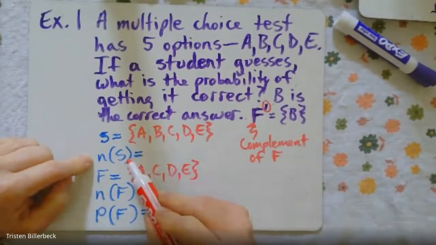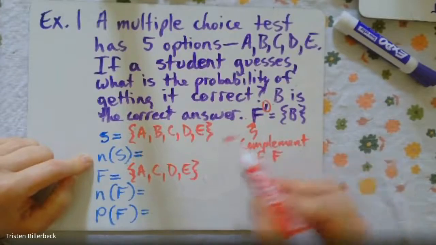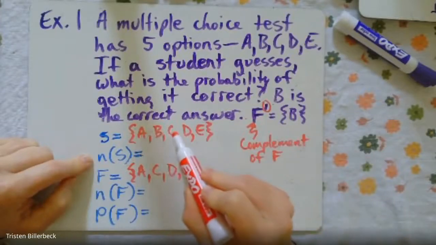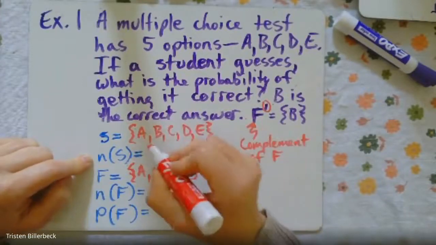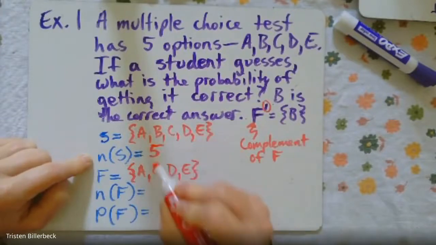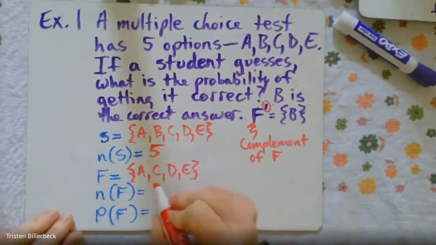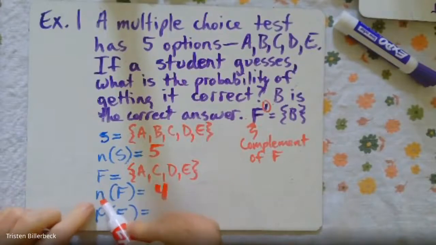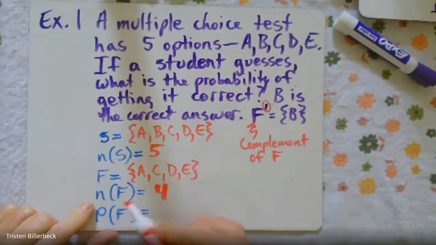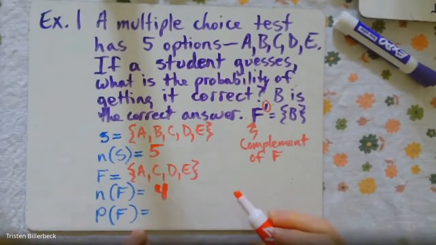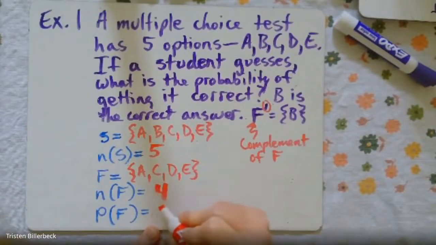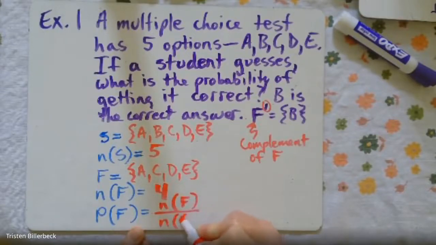So let's count the number of outcomes in the original sample space. 1, 2, 3, 4, 5. And 1, 2, 3, 4 in the number of outcomes of, I'm sorry to say, failure, F. So the probability of failure would be N of F over N of S, the sample space.